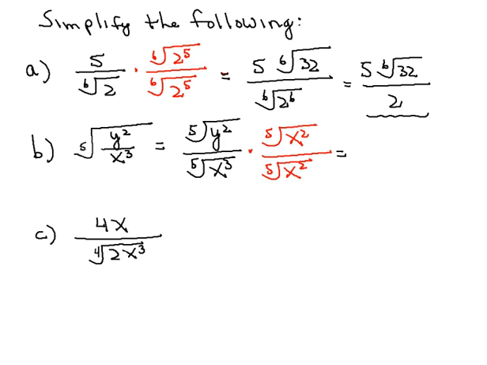So we have then in the numerator the 5th root of, I'm going to put the x squared first, so we have the 5th root of x squared, y squared. And in the denominator we have the 5th root of x to the 5th.